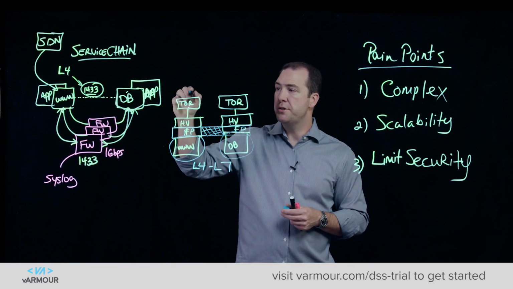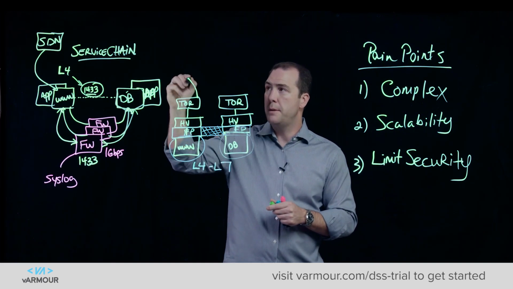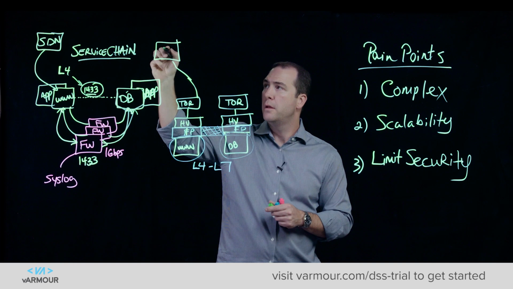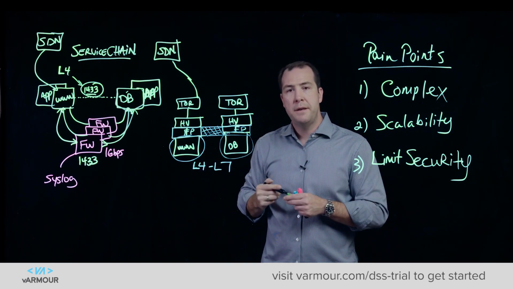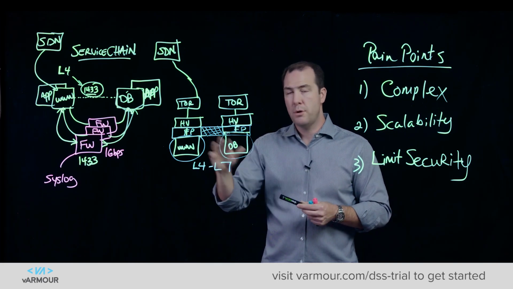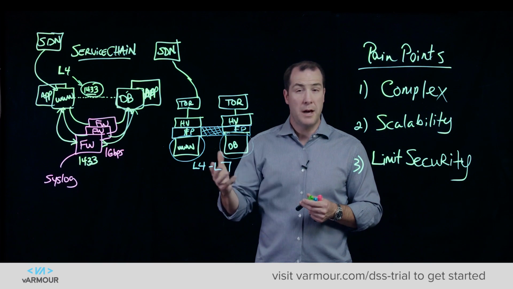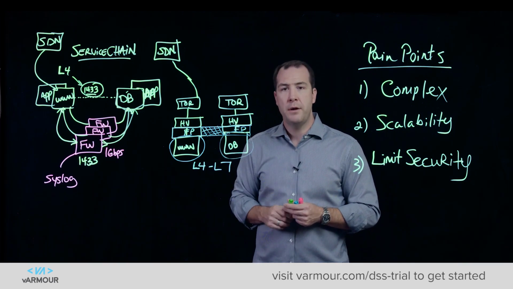However, let's say that I still have an SDN controller, maybe sitting up here somewhere. And my SDN controller is still automating a lot of my compute, network and security platforms across my data center so that I can create a lot of automation within the environment. I can still do that, and I can still integrate with SDN.